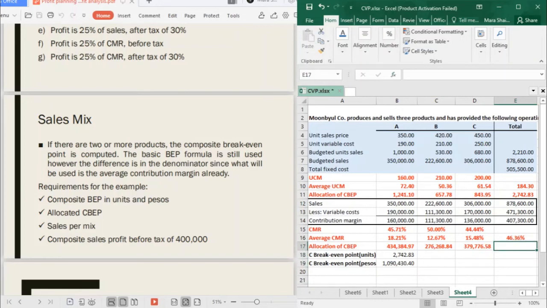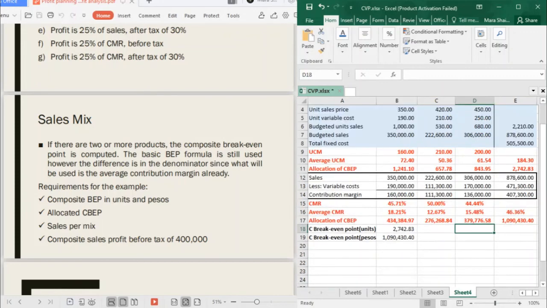Okay, let's try that again. So there, 190 for 30.40. The break-even point of A in peso is 44,384.97 and so on and so forth.